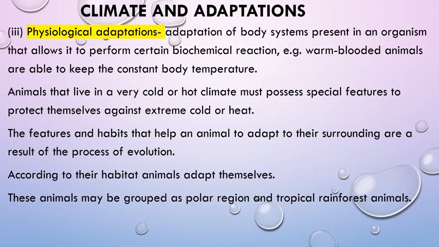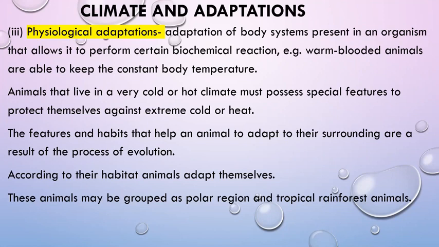Animals that live in a very cold or hot climate must possess special features to protect themselves against extreme cold or extreme hot conditions. The features and habits that help an animal to adapt to their surrounding are a result of the process of evolution.